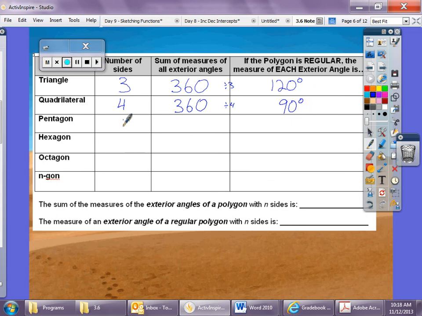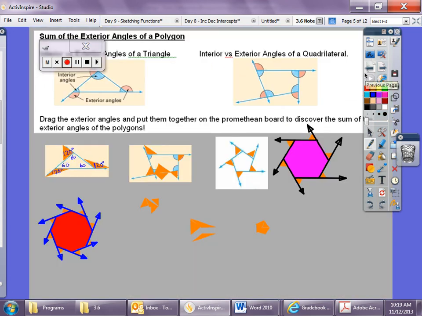A pentagon has 5 sides. It's 360 degrees, and we divide that by 5, and we get 72 degrees. Here's the pentagon.